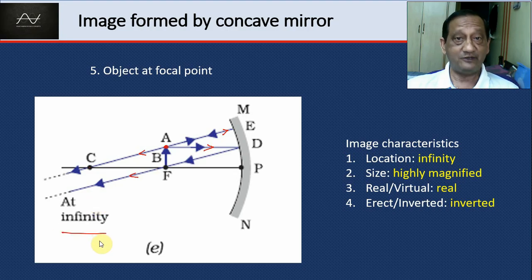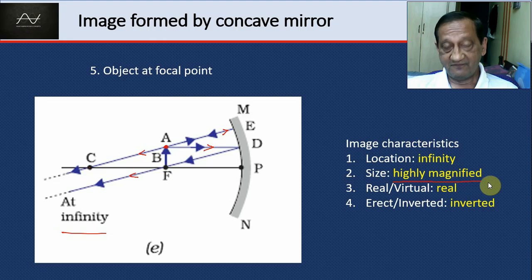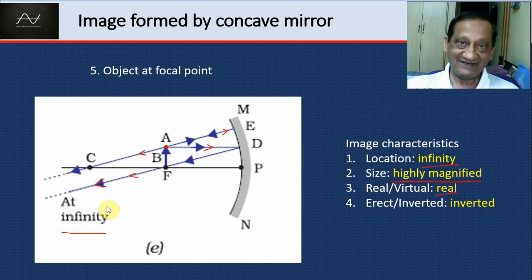The image has gone to infinity, farthest, and therefore the size is highly magnified. The farther the image is from the mirror, the larger would be its size. The location is infinity, the size is highly magnified, and it is real. It is a parallel beam of light. They do meet, they do intersect, but at infinity. So since they do intersect, it is real and it is inverted.